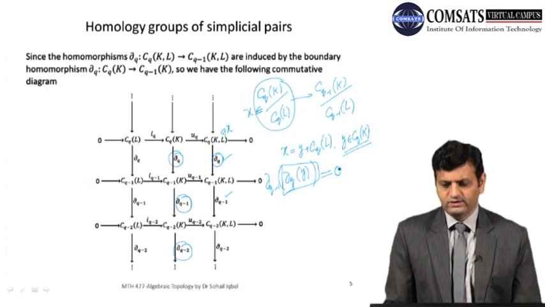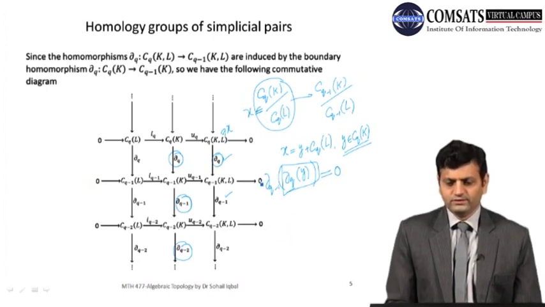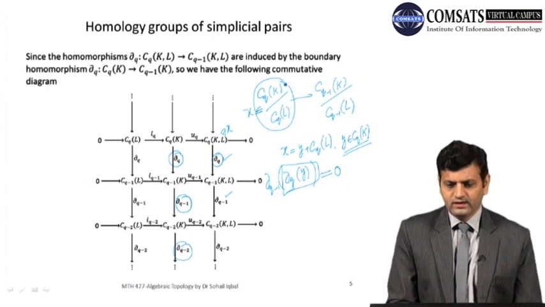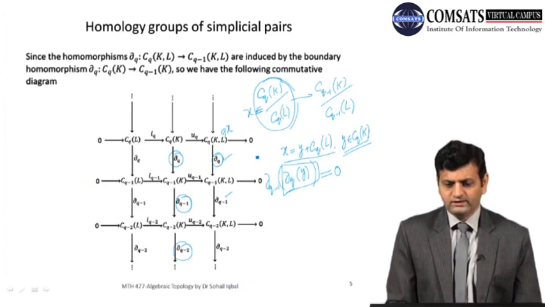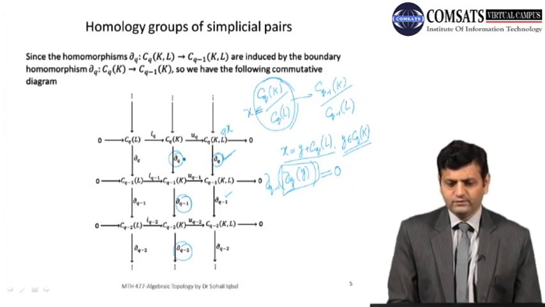When I apply ∂_{q-1} on this element again, I should get 0. Basically the classes in this quotient group are of this form, and when I take the image of this element x under this homomorphism ∂_q, I get an element, and when I apply this boundary map again, I will get 0, because this is really coming from the boundary maps of C_q.